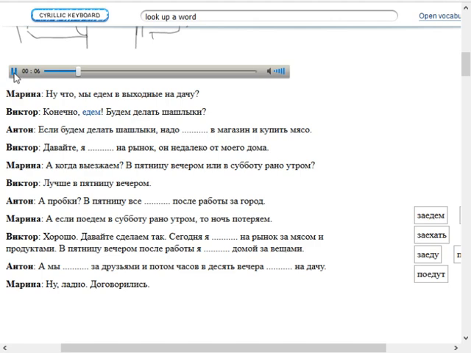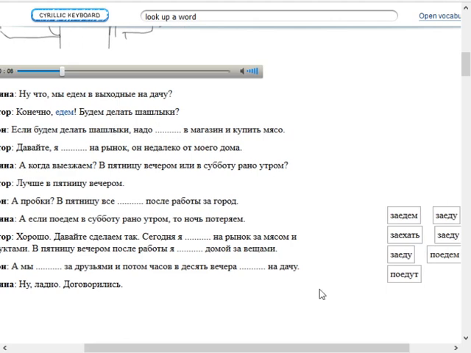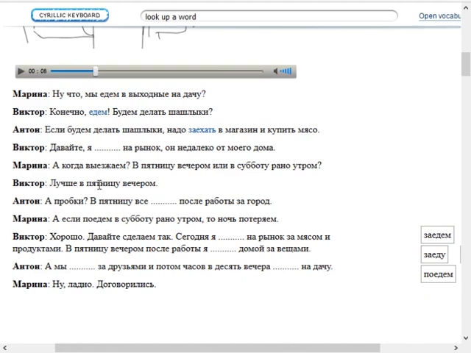Если будем делать шашлыки, надо заехать в магазин и купить мясо. Okay, so what verb goes in here? It's заехать. So we're already seeing here the use of a verb of motion with za at the beginning. Если будем делать шашлыки, if we are going to make shashlik, надо заехать в магазин и купить мясо.